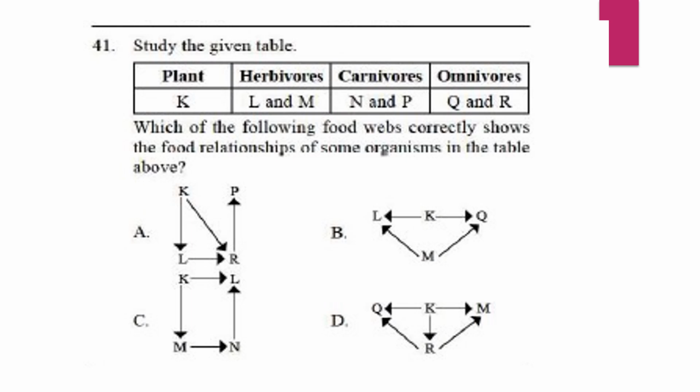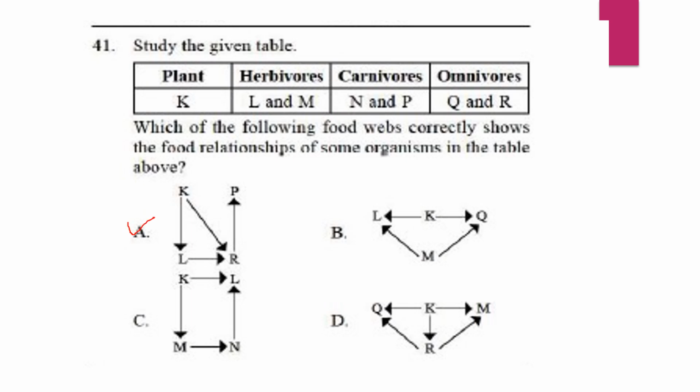In option A, L feeds on K, and R feeds on L. That is, K is a plant, R is eating L and K. That is, R is an omnivore. It is correct. P is eating R. That means this option is correct. So our answer is option A.